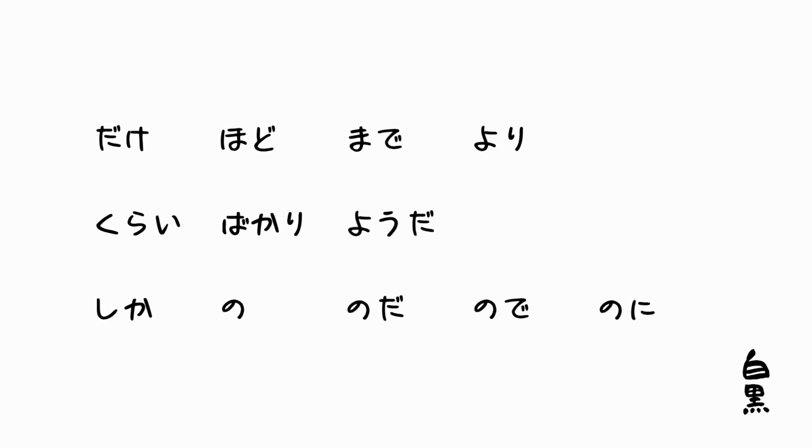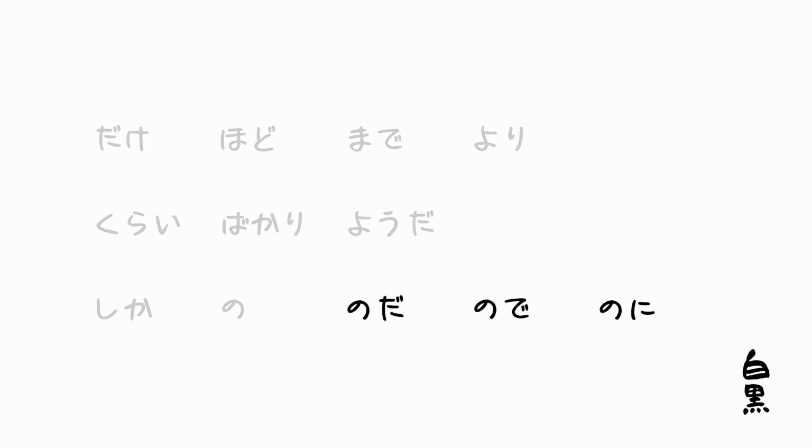Next, let's look at the so-called nominalizing particle no. As listed at the beginning of this video, the commonly used dependent words that attach to the rentaike of verbs include these. That's right. The no in noda, node, and noni is actually this nominalizing particle.